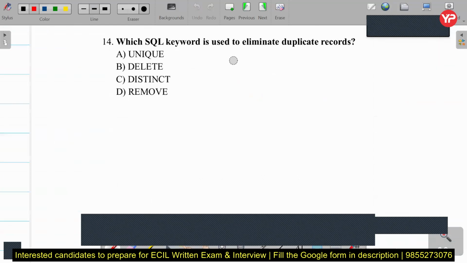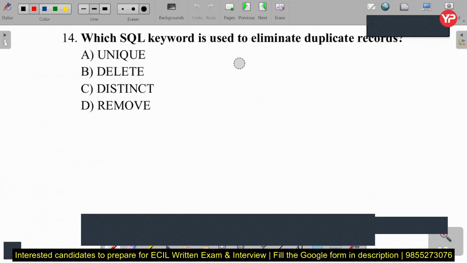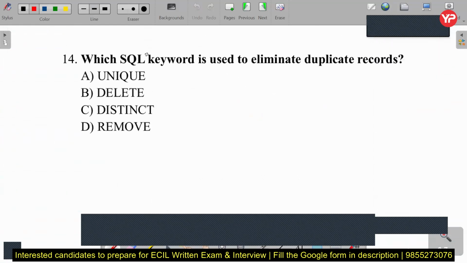Next, which SQL keyword is used to eliminate duplicate records? Now it's talking about duplicacy. Suppose in SQL the original output is like this: we have attribute A, you are filtering from column A, and you get data like 10, 20, and 10.